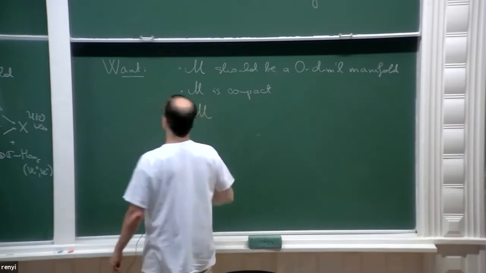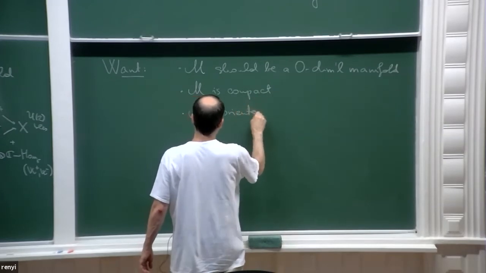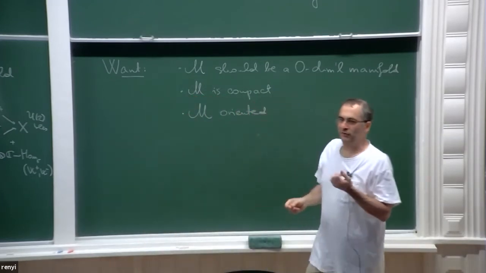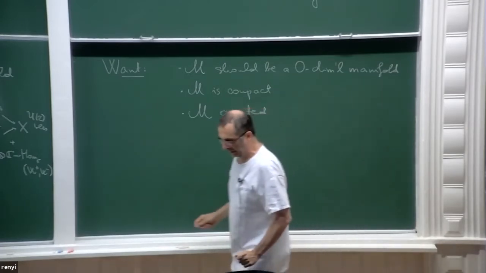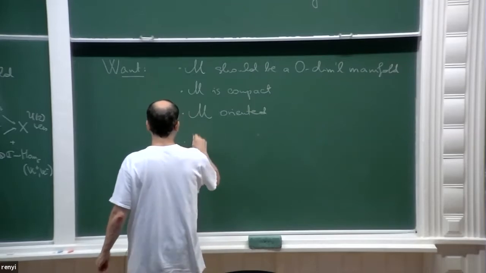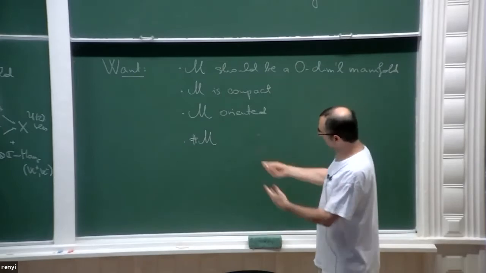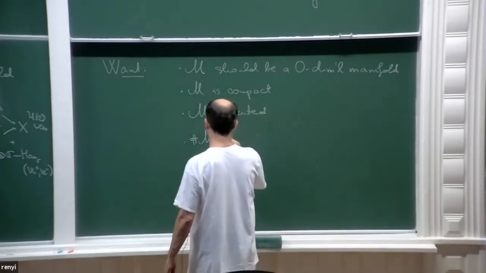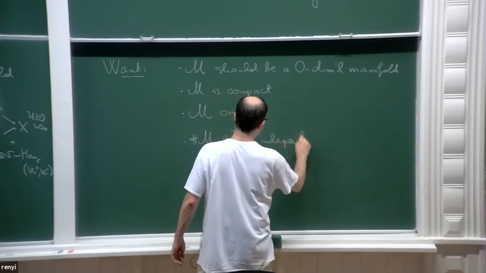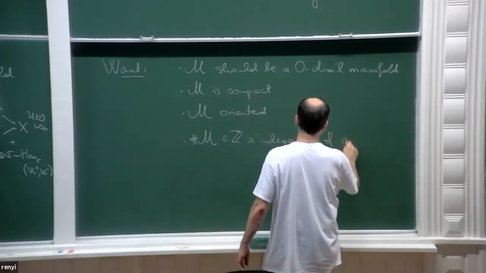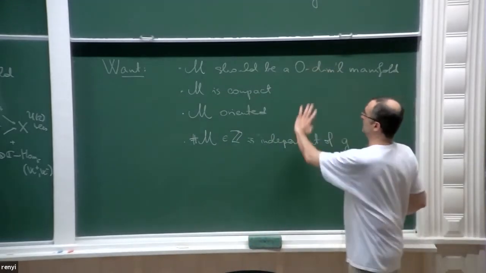Another property, we would like to see that this is oriented, which for a zero-dimensional manifold is just an association of a plus or a minus sign to every point. And then we can make sense of the count of the points in M. And we would like to see that this number is independent of the metric g.